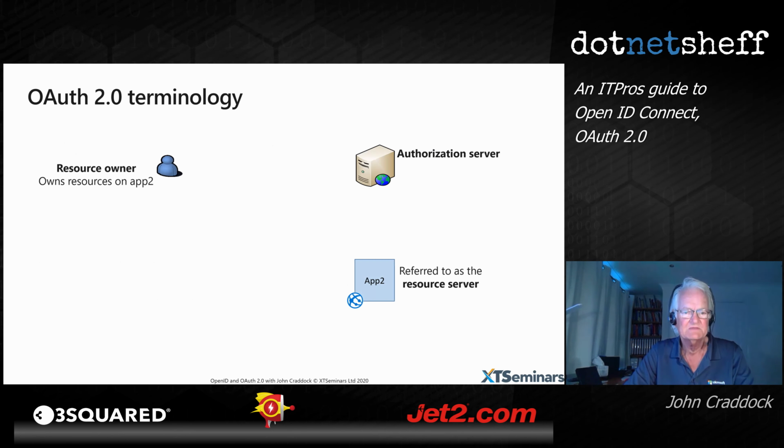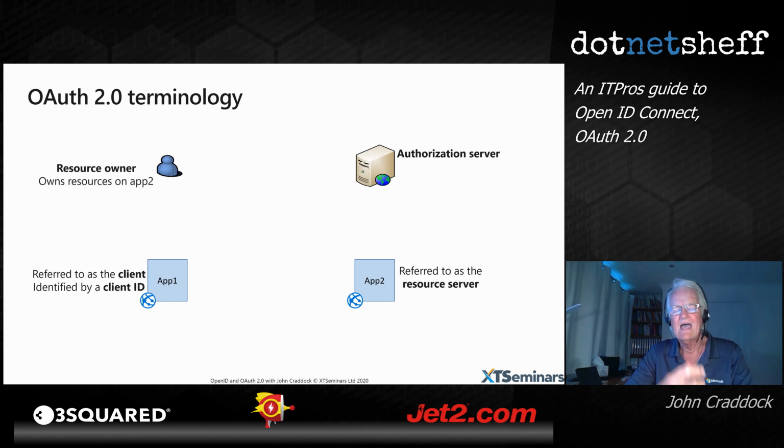Then we have app 1, which is the front end system that wants to have this limited controlled access to app 2. That front end app is called a client, right? This is OAuth 2 terminology, and it's identified by a client ID.